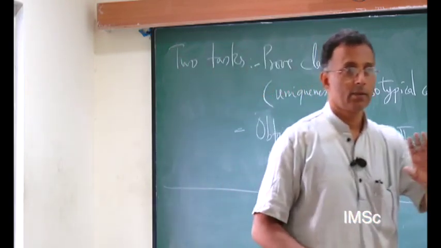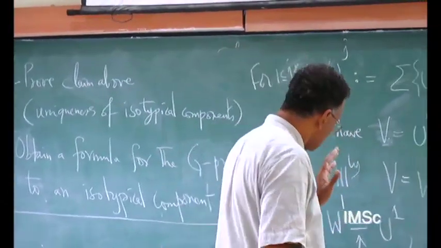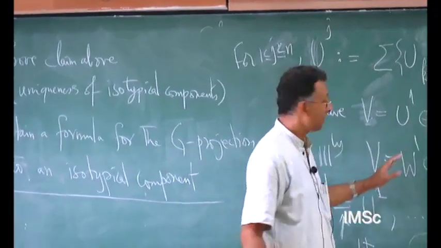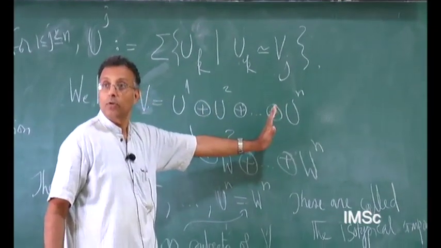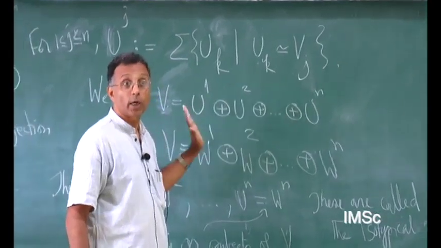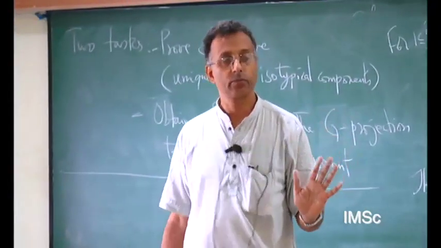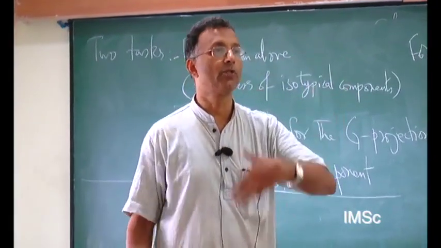In any case, it is a fact, we will just observe it, that this is the unique G complement to U. There is no other G complement possible. Correct. Projection means one-to-one correspondence with complements.